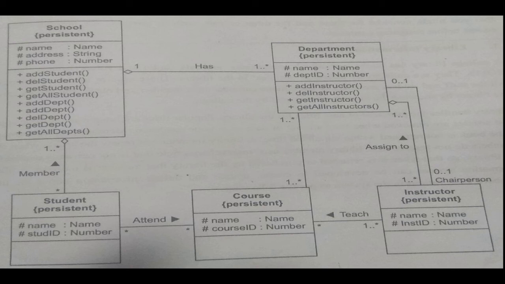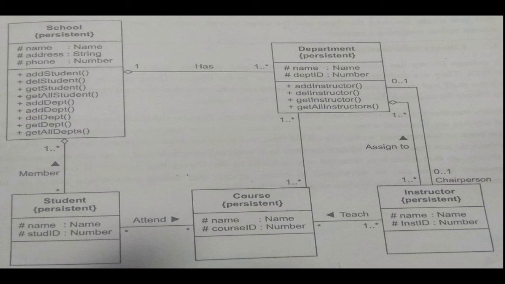All classes are marked as persistent, indicating that their instances are intended to live in a database or some other persistent store. All attributes are of primitive types.